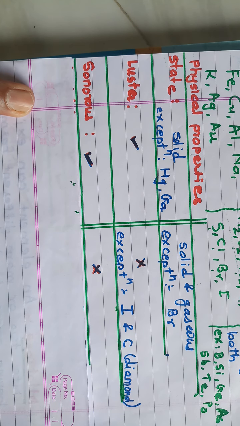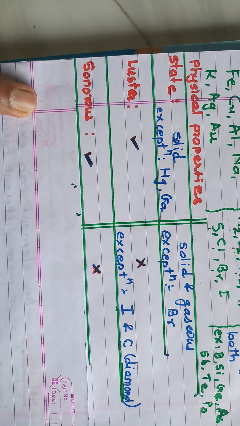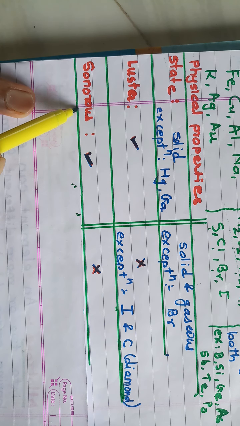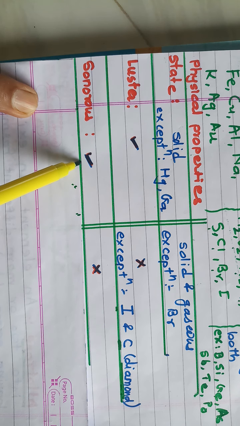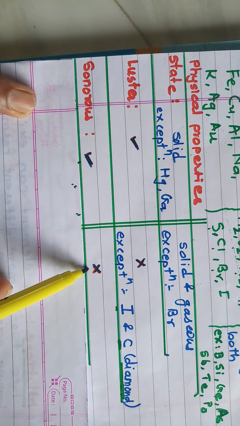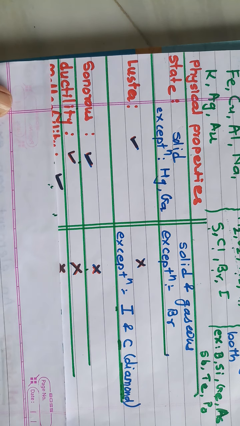Sonorous means a ringing sound. When a coin is dropped from our hand, a ringing sound is produced. That capacity to produce a ringing sound is called the sonorous property. So metals have the sonorous property whereas non-metals do not.